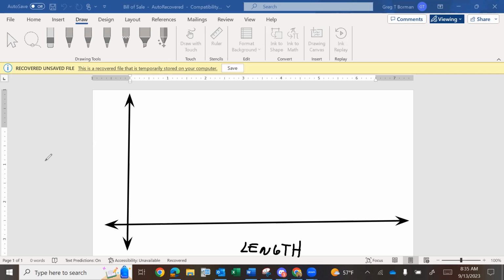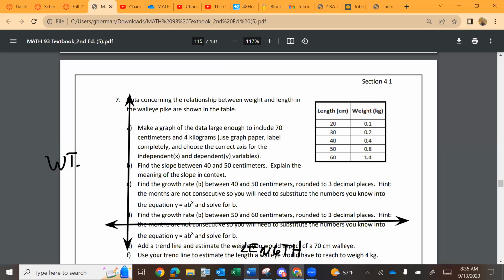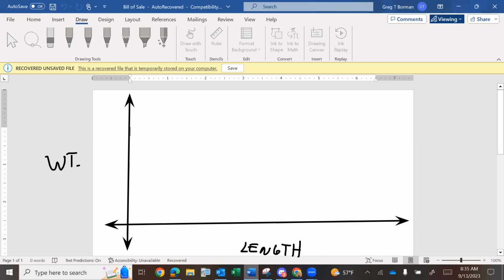So we have length and we have weight. I am going to take a picture because it is kind of a pain, since I have to click on and off of stuff. There, I've got a picture of the data. Now I don't have to go back and forth.